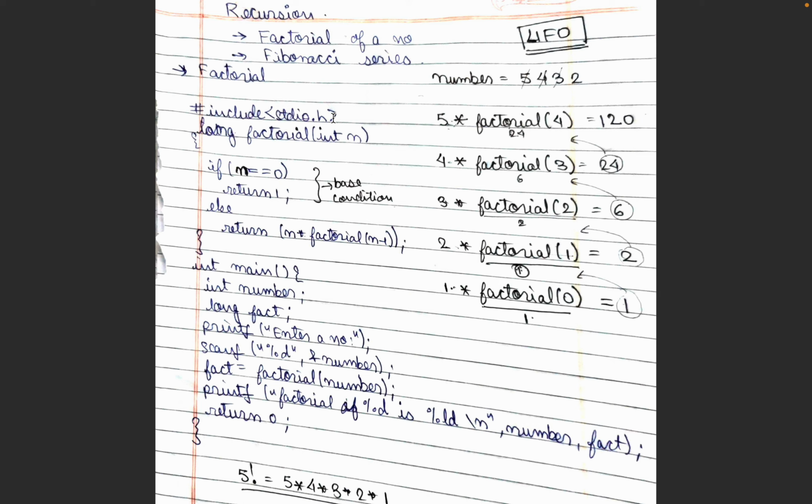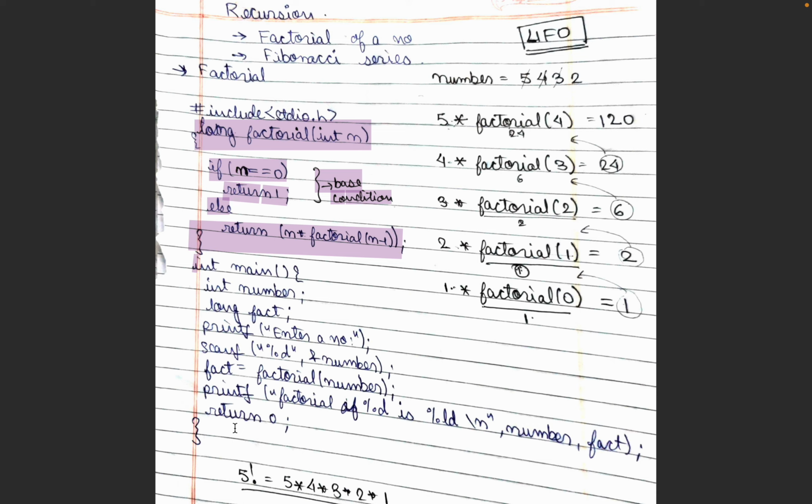Now, I have written the user defined function at the top, as you can see I have highlighted, and the main at the bottom, but the order doesn't matter. You can even write the user defined function at the bottom.